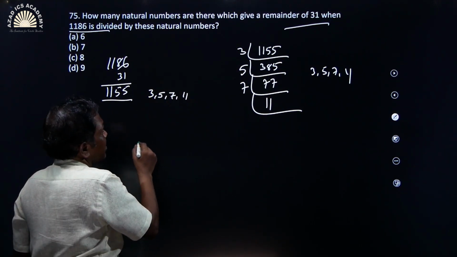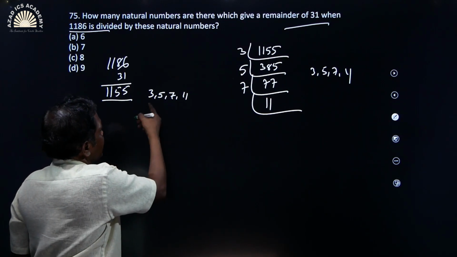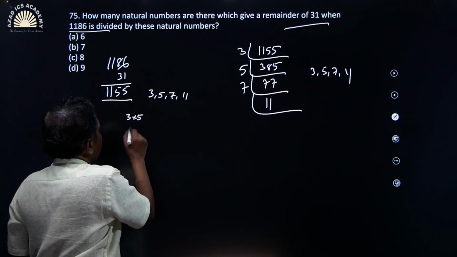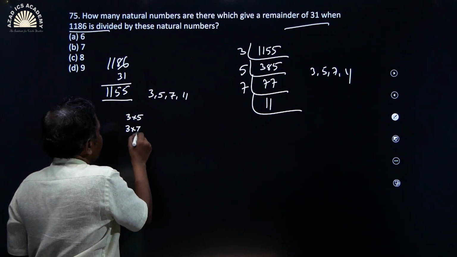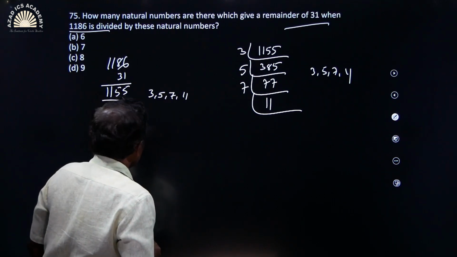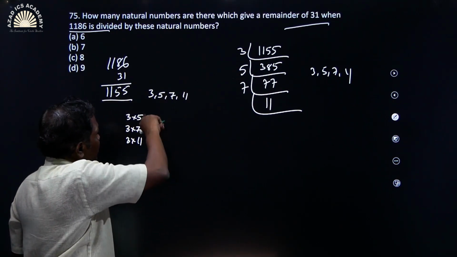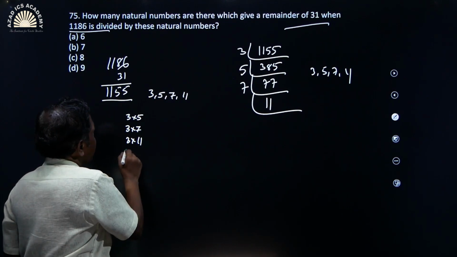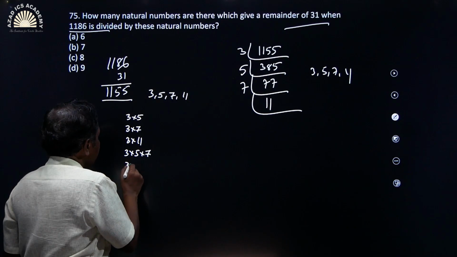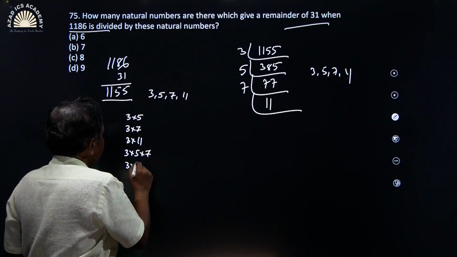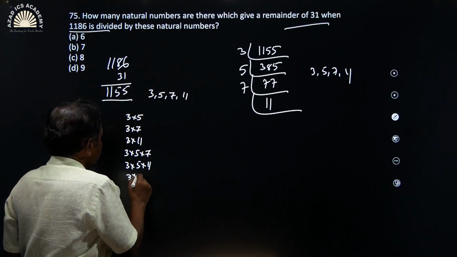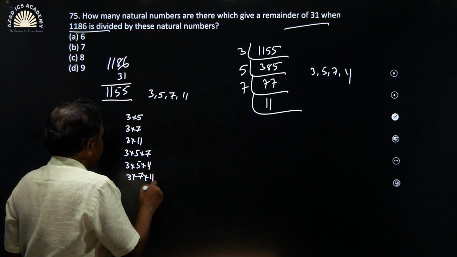Now you can start with 3, 5, 7 and 11. 3 into 5, 3 into 7, 3 into 11. We have done the 2 numbers. Now try with 3 numbers: 3 into 5 into 7, 3 into 5 into 11, or 3 into 7 into 11.